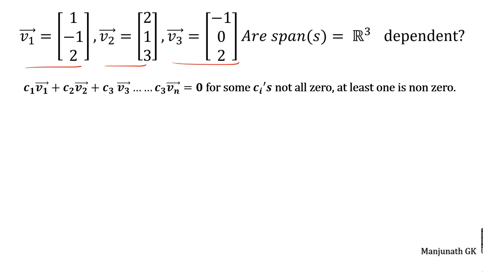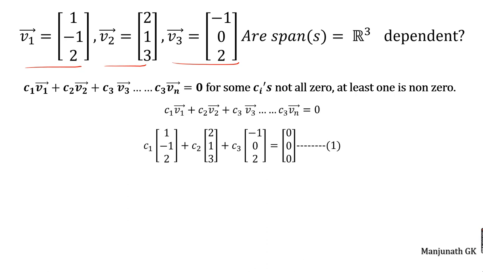So let us go mathematically. Find out the rank of a matrix. How to find out the rank of a matrix here? Represent these three vectors in terms of a matrix: 1, 1, -1, 2, 2, 1, 3, -1, 0, 2.